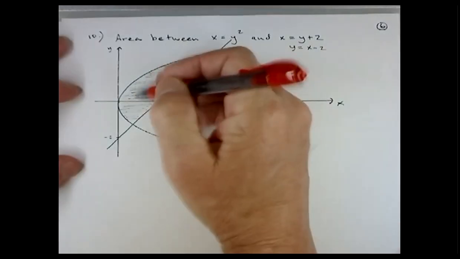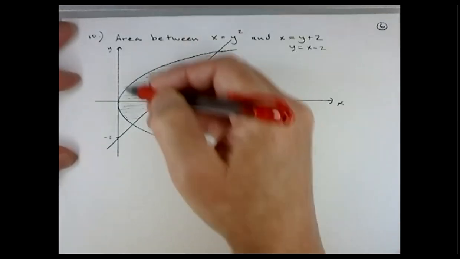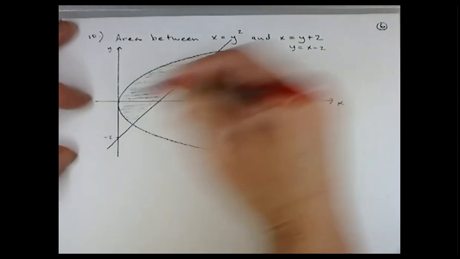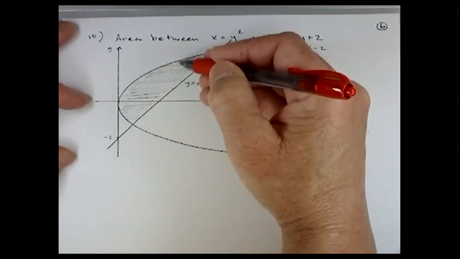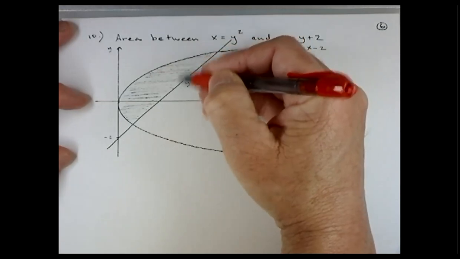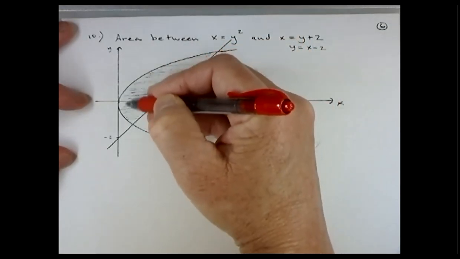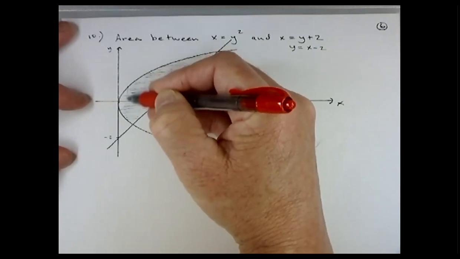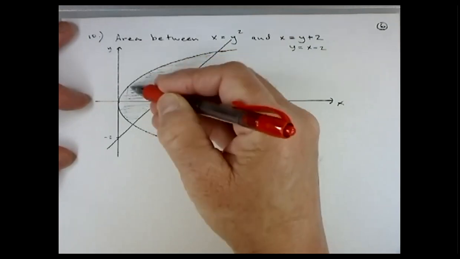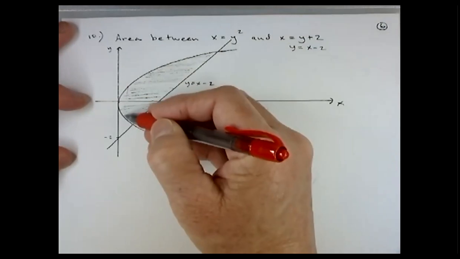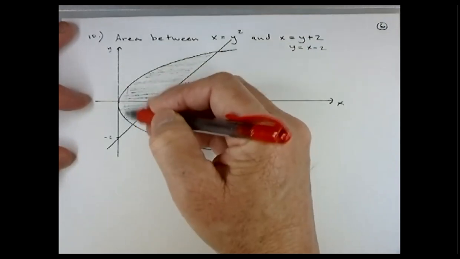Well, I kind of gave the hint when I said it at the beginning. But do you see why vertical would not be a good choice here? For much of the region, I have the same top and bottom. I could put some vertical rectangles. But once you get into this region, the top function is the parabola and the bottom function is the parabola, right? So that's already an issue.